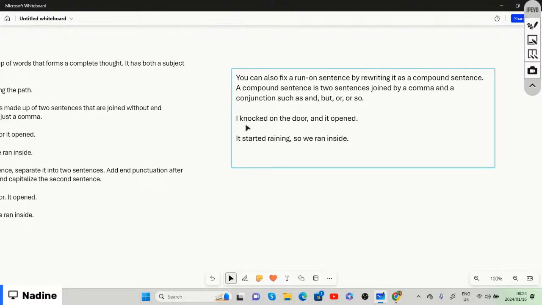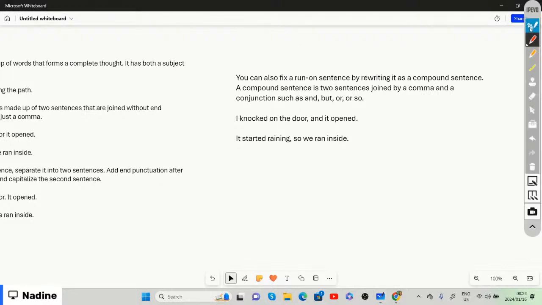For example, I knocked on the door. There we have a comma, and it opened. It started raining, comma, so we ran inside.